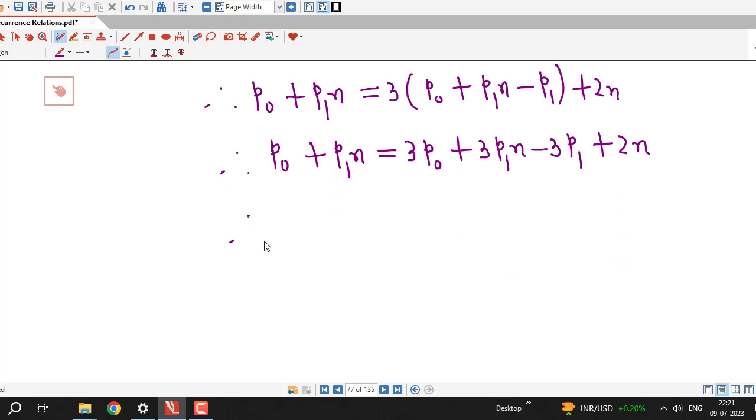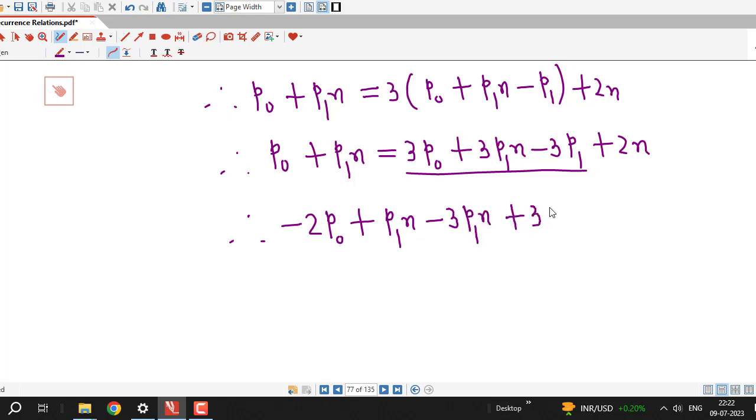And let me transfer all these terms to the left hand side. So you can see p0 minus 3p0, that is minus 2 times p0, plus I can take p1n, or let me write one more step, p1n minus 3p1 into n plus 3p1 equal to 2n.